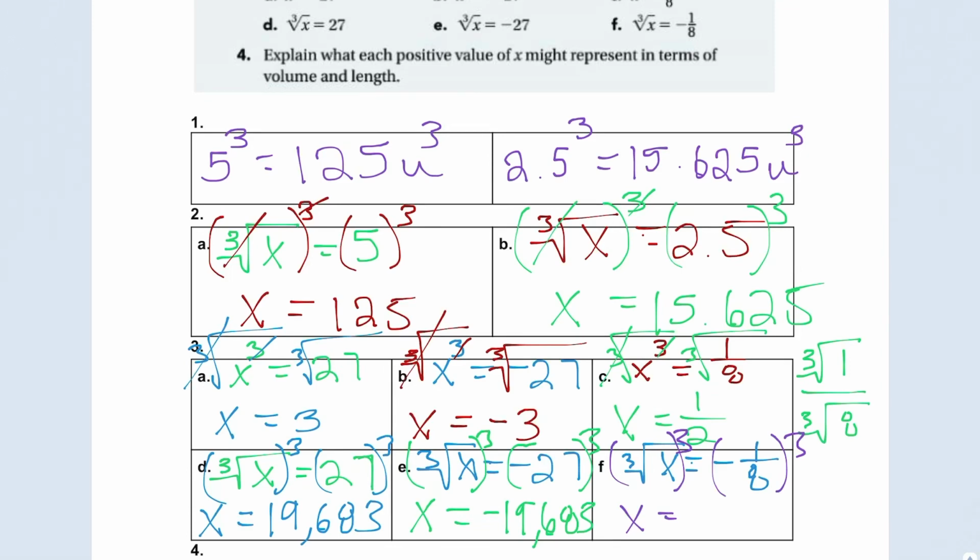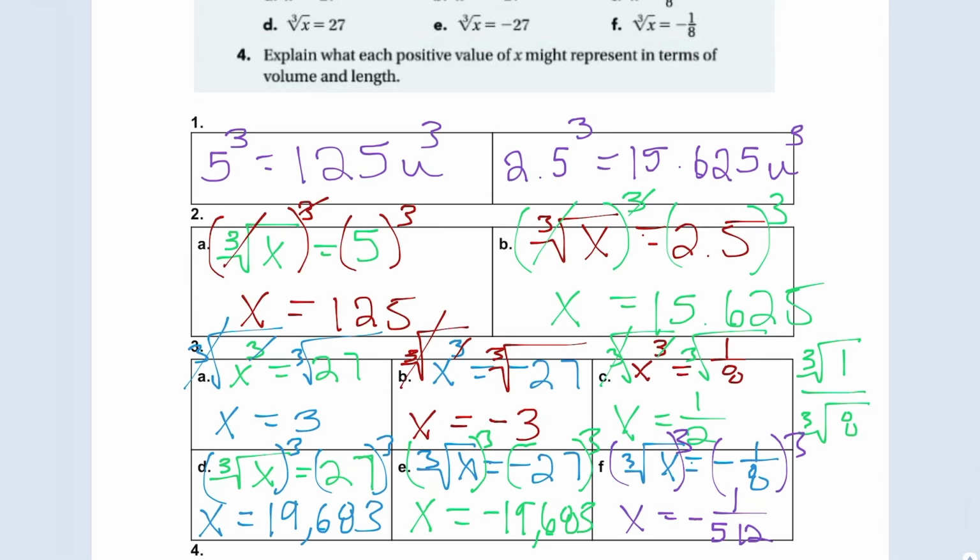Now think about, what is negative 1/8 times negative 1/8 times negative 1/8? Well, negative times a negative is a positive, and then a positive times another negative, we're left with a negative number. And we have a 1 in the numerator, and then we have 512 in the denominator. So our answer is x equals negative 1/512.